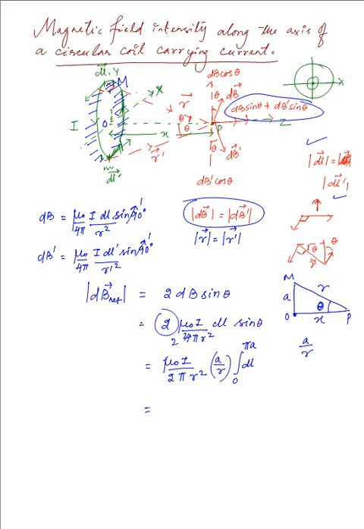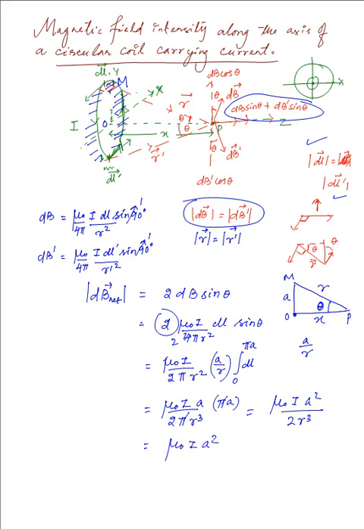Now we end up with mu naught I over 2 pi r cube, and there's an a over here, and integrating this we get pi a. So finally one of the pi's gets cancelled out, and we have mu naught I a squared over 2 r cube.